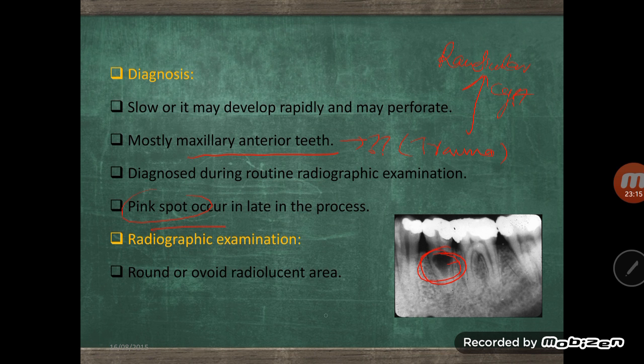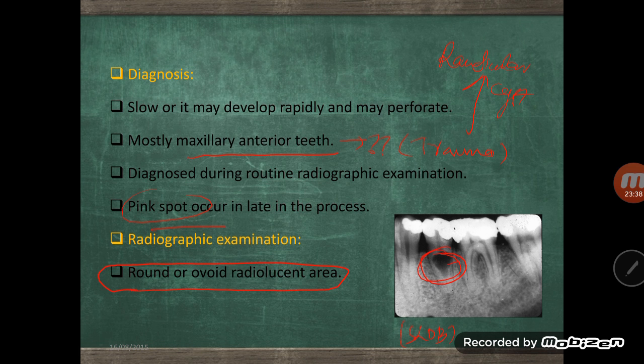Radiographically, there will be round to oval radiolucent areas. When you are deciding between internal or external resorption, this tooth in the IOPA is very typical, and you can't diagnose it. Definitely it started as an internal resorption, but it communicates externally. To differentiate it, you need to apply the slob rule.